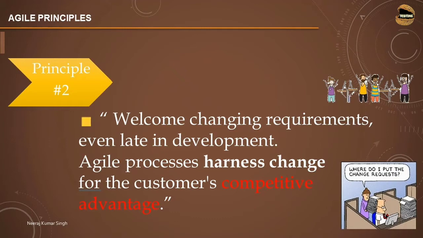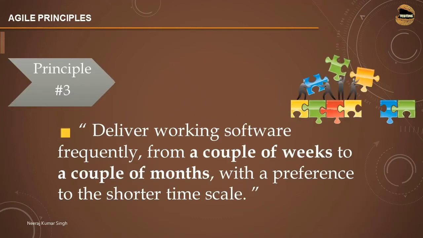At the end of the day, if the product is not useful to the customer, there is no point putting your effort and hard work into it. So when a customer has some changes, because we agree that nothing can be planned end to end at a very early phase, maybe in the beginning the customer may give you a certain set of requirements to kickstart the project, and later provide you necessary details to further optimize the product. Thus, we welcome changing requirements even late in development, as we can always entertain them while working with the Agile methodology.